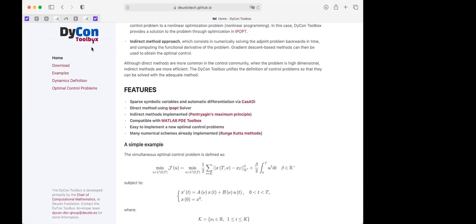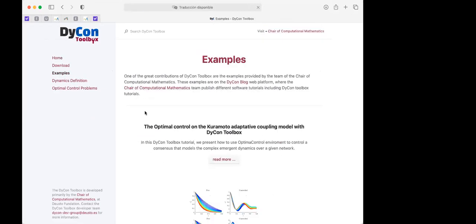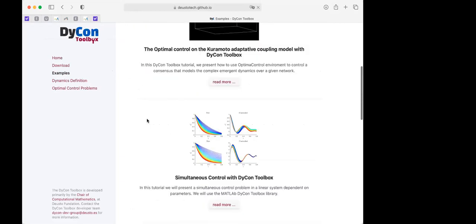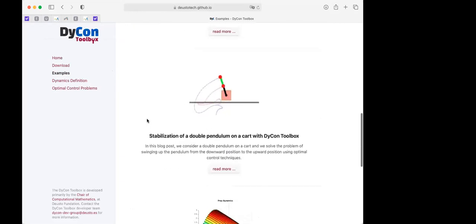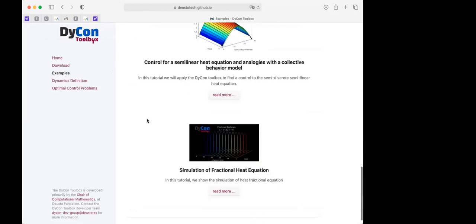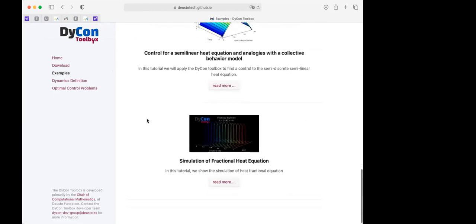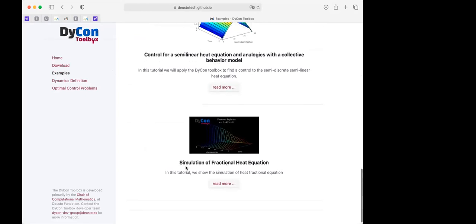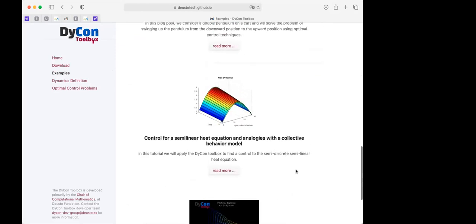Together with the toolbox on this web page, you will also find examples of problems that have been solved, and that could inspire you to see what you can do and how you can do it depending on the application you have in mind. So we see here, for instance, an application to the fractional heat equation.